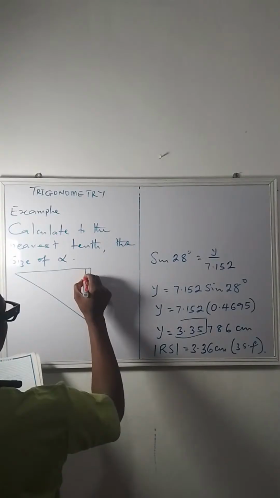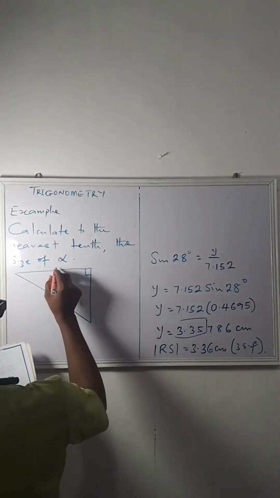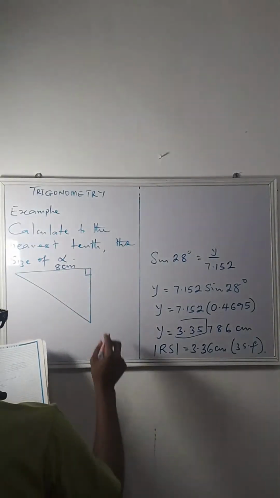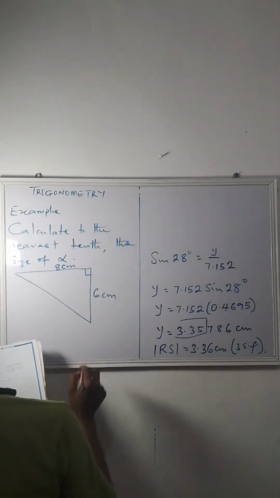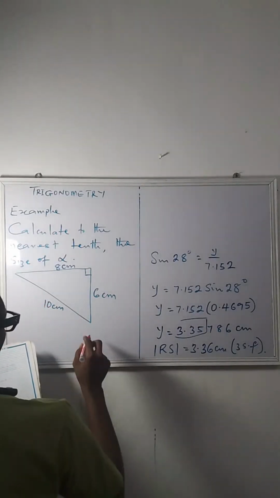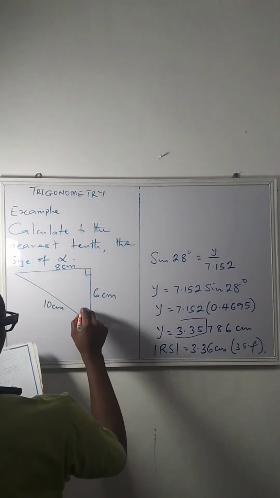We have a right angle triangle where this side is 8 centimeter, this side is 6 centimeter, and here is 10 centimeter. This side is alpha.